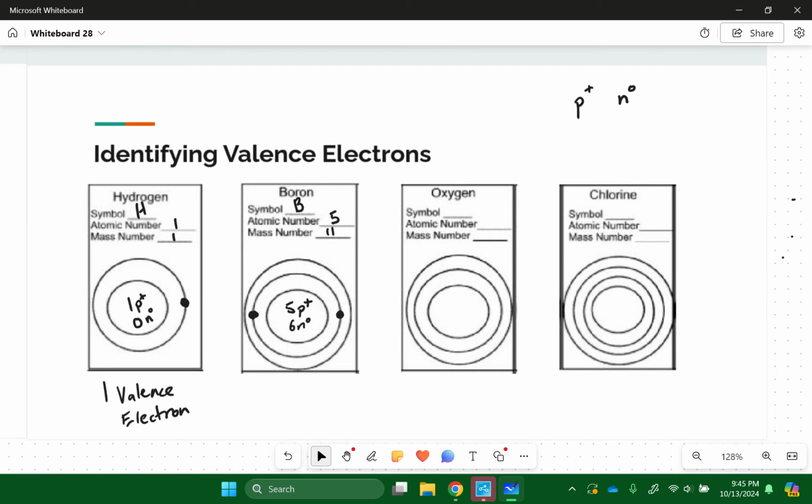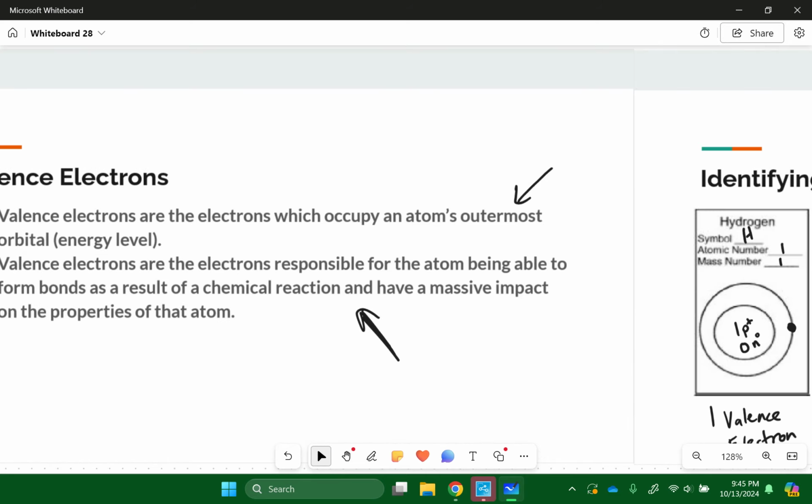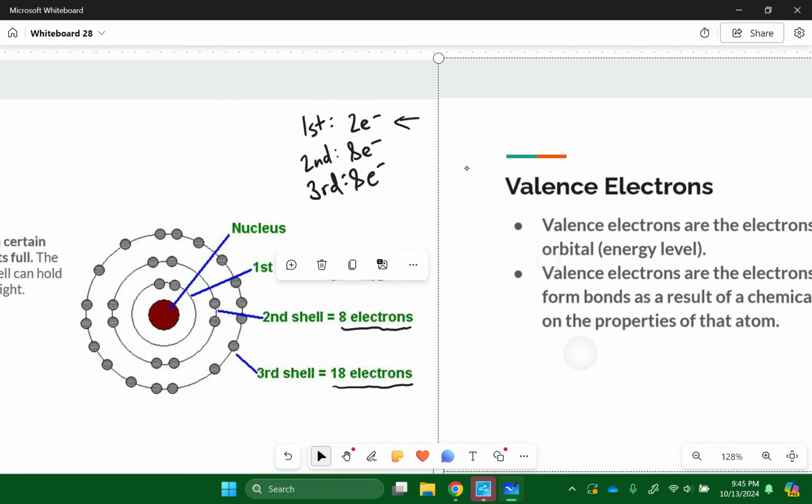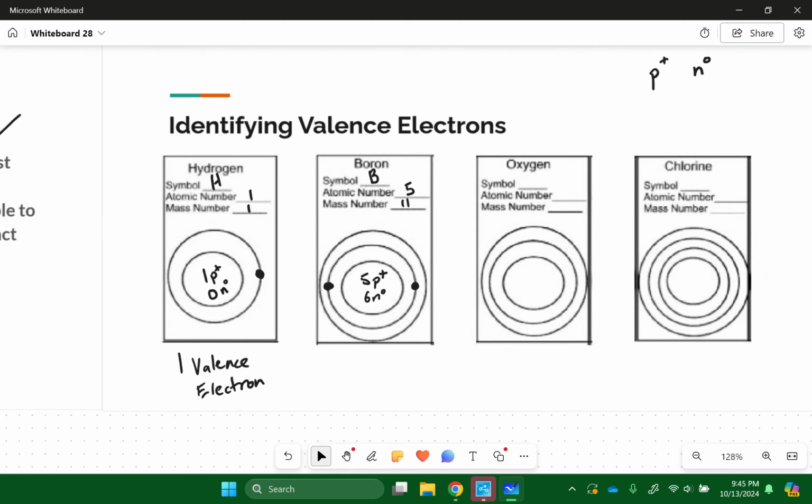It's now full. It can only hold 2. So my next energy level is going to take up whatever is left. My second energy level can hold 8. But remember, I only have 5 electrons and I've used 2, so I've only got 3 left.